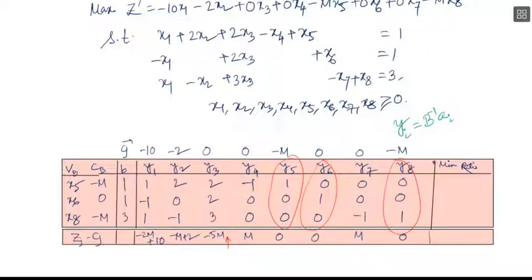We have to determine which one will leave the basis. That is determined by taking the ratios obtained by dividing b, the corresponding component of b, by the corresponding component of y3.